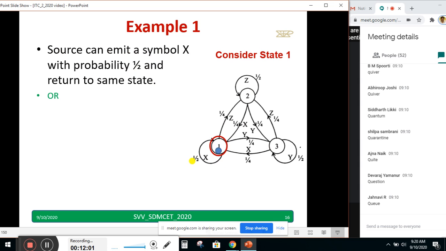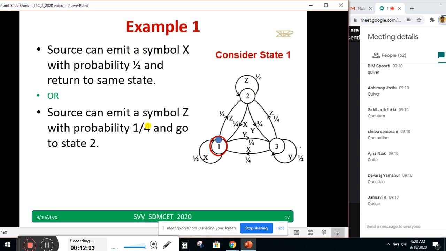Got it? Similarly, now source can emit a symbol Z with a probability of 1 by 4 and go to state 2. From state number 1, it will go to state number 2 and emit the symbol Z with a probability of 1 by 4.